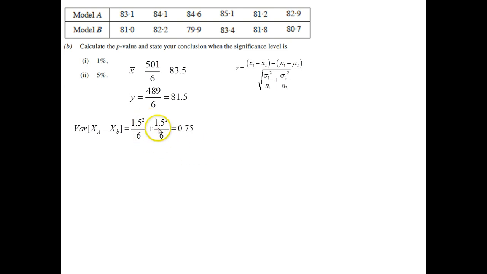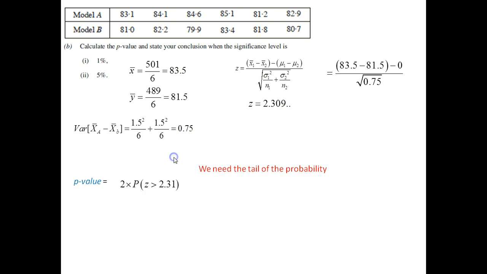So we've done the dividing by n in each case. Therefore, our z becomes the difference in mean minus 0, which is what we want to prove, whether it's equal or not, divided by the square root of 0.75, and we get our z being 2.309.